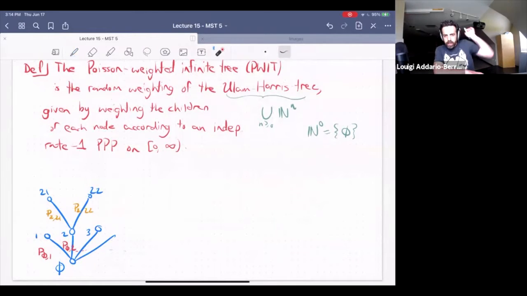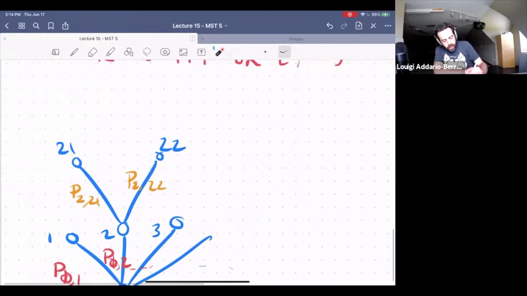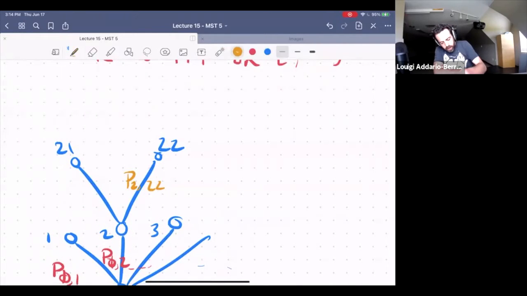My labeling is a little bit different from Jean-Christophe's, and it's also a little bit redundant. I could just index by the child label and you would know that it was meant for the weight of the parent edge, if you like. But it's useful for me at least to refer to these as living on the edges.